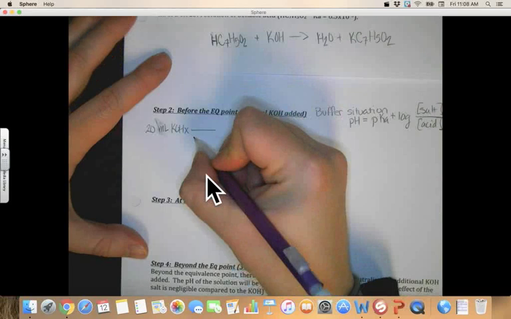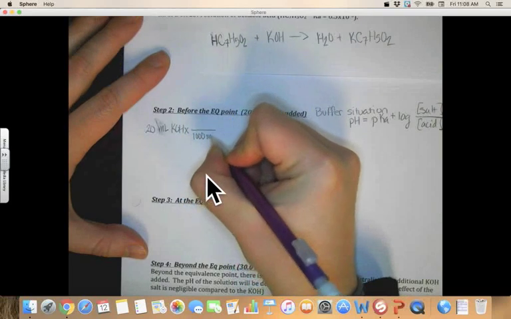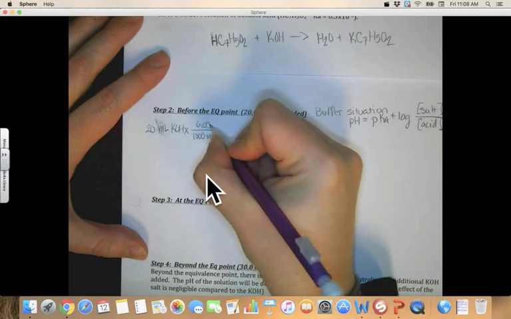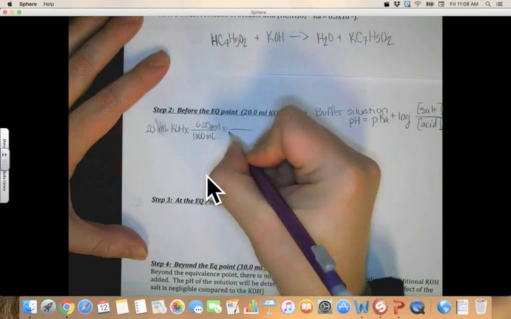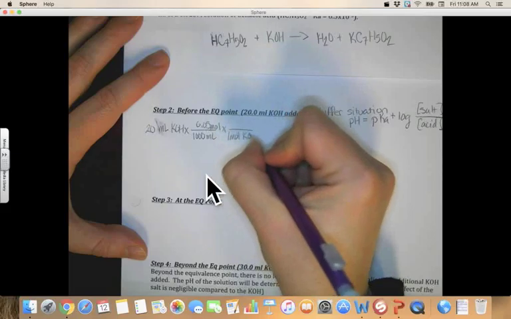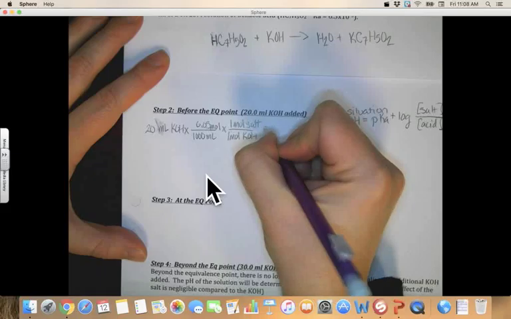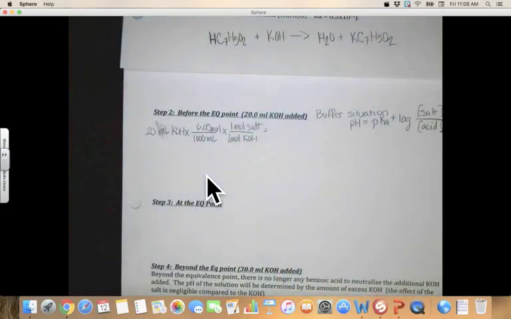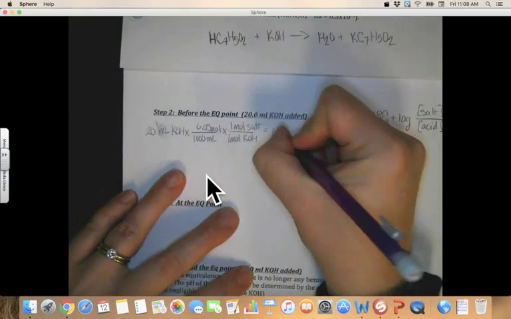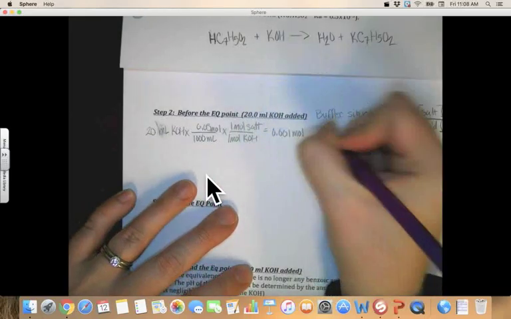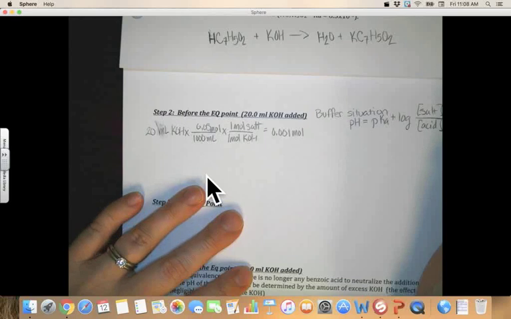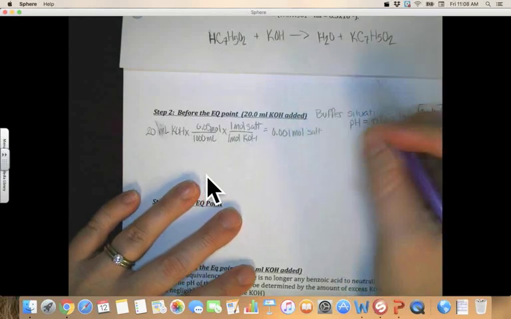So I'm going to use my molarity. And I'm just going to write salt to keep it simple. Okay. And that means 0.001 moles of salt have been formed.